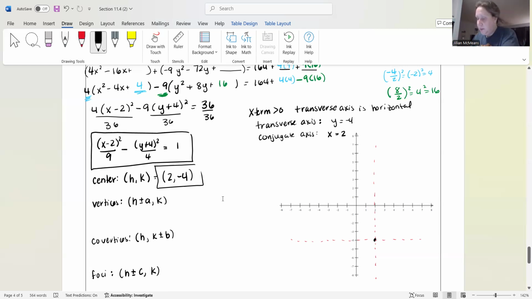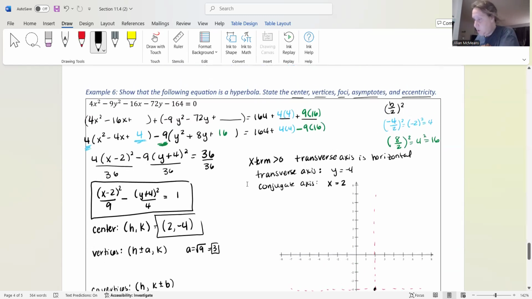I can do it right here. We need a for the main vertices. So a is the square root of the denominator of the positive term. The positive term was x, the denominator is 9, and the square root of that is 3. So a is 3. What was our center here?